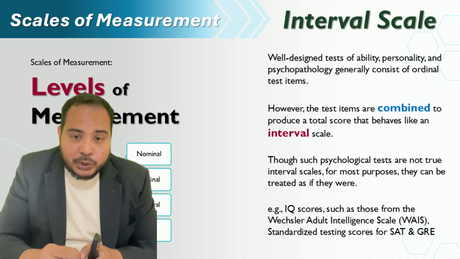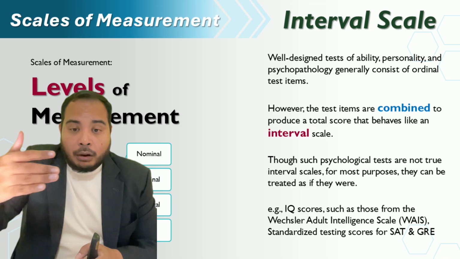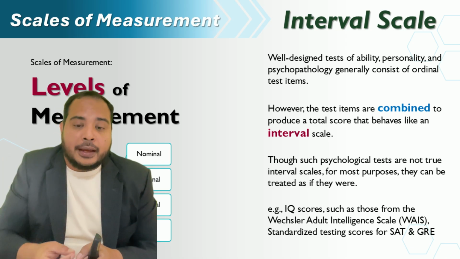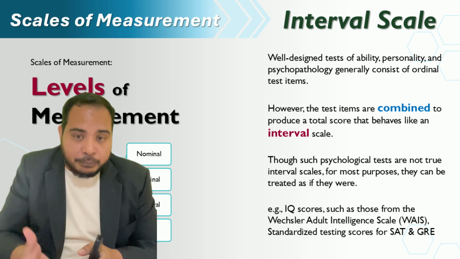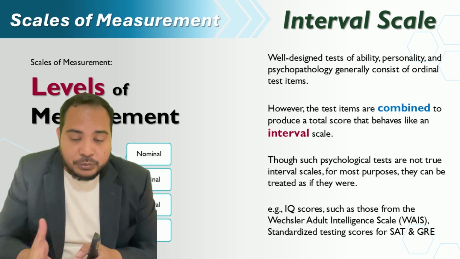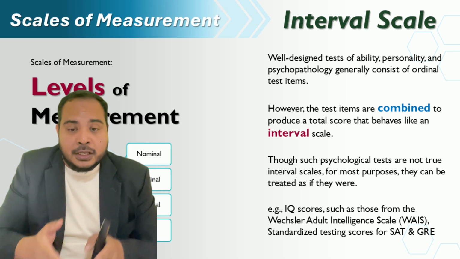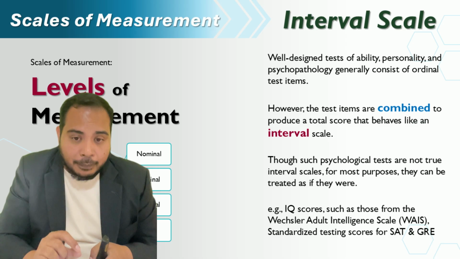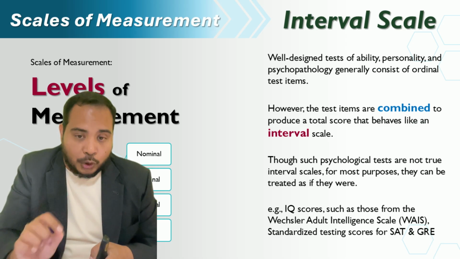But what we can do is total up all 10 items for all respondents, get the mean, and use the standard deviations for the analysis. So this standard deviation is not for item by item, but the total score.